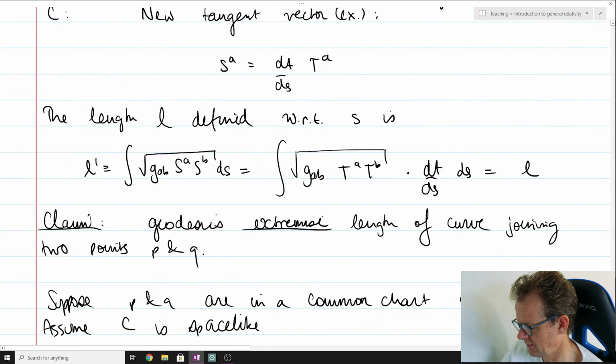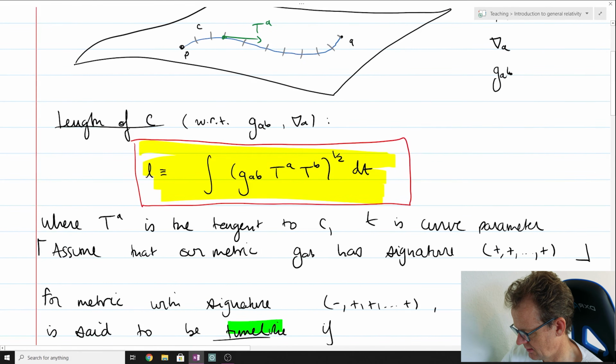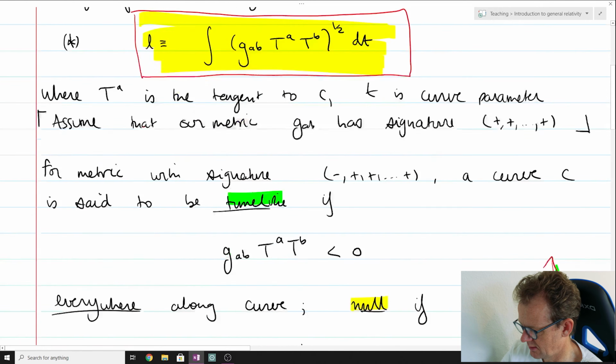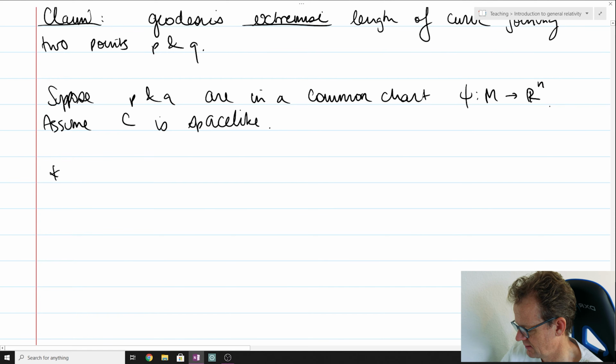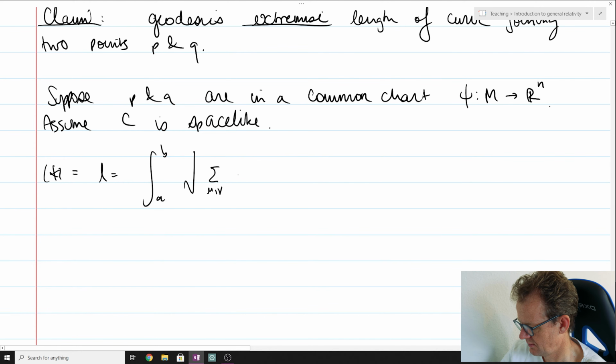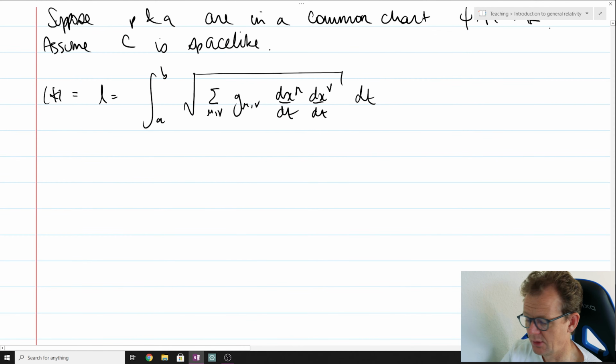And then we have to use a definition for the length. I've got to name that definition, let's call it star from now on. So star, the length of our curve, in this case geodesic, is the integral from A to B of the sum of g_mu nu. So now we're working in a chart and with coordinates.